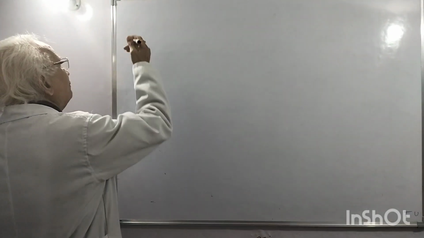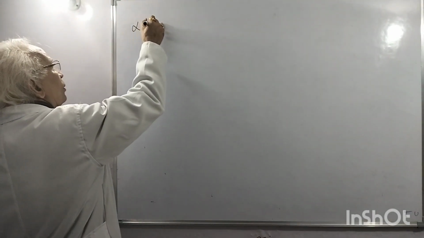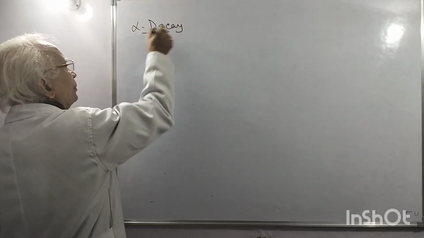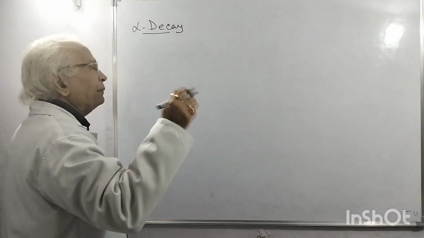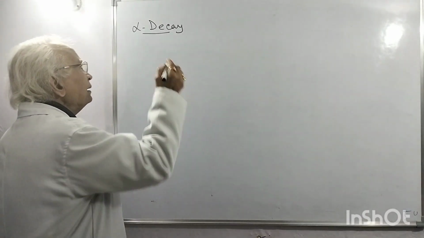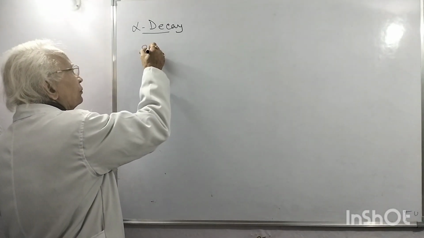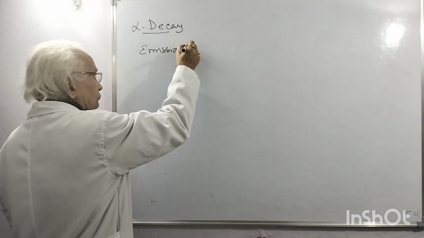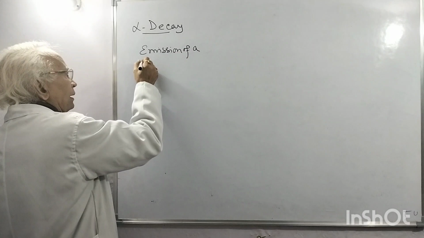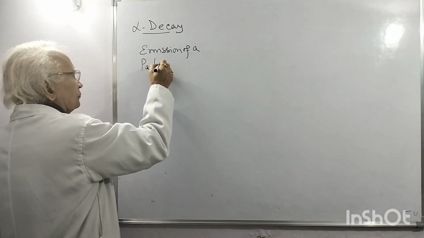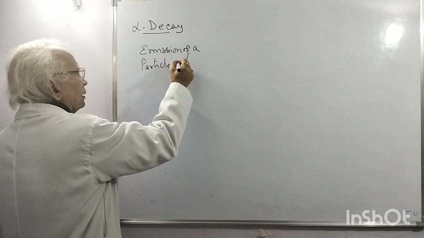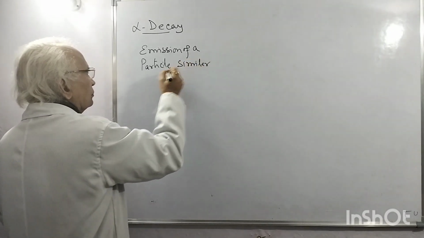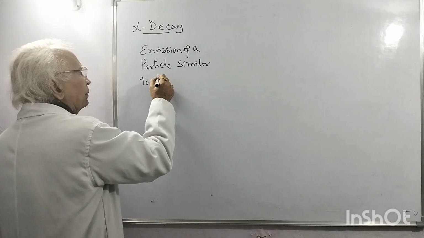And then we have alpha decay. Alpha decay is another process where we have emission of a particle similar to a helium atom.